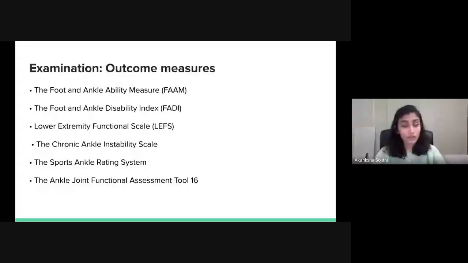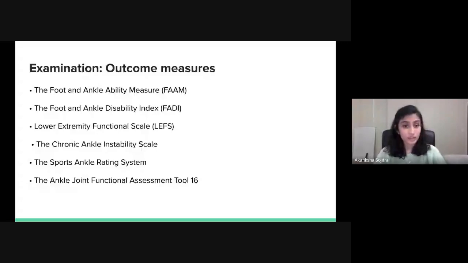Now, for outcome measures, what can you do objectively to assess meaningful changes in the score over time? The Foot and Ankle Ability Measure is pretty reliable, and it's just a questionnaire you can use in the clinic.